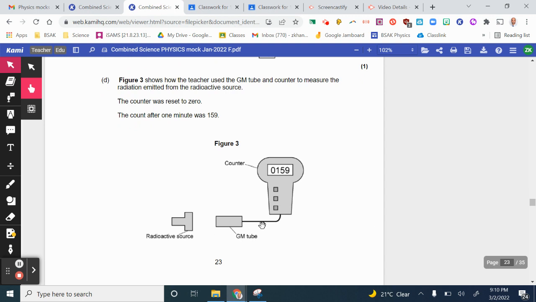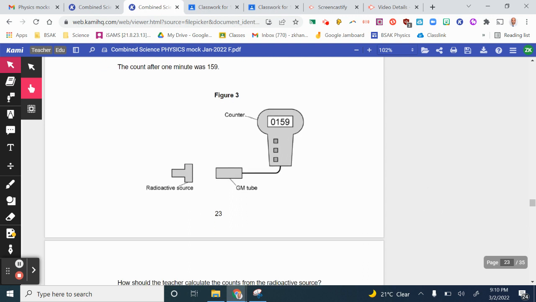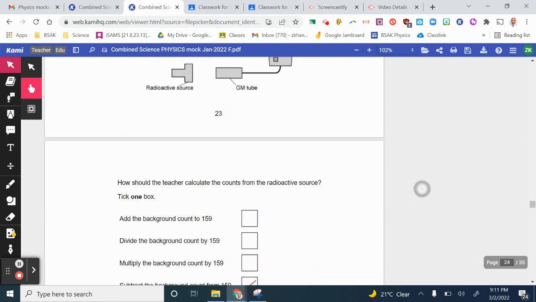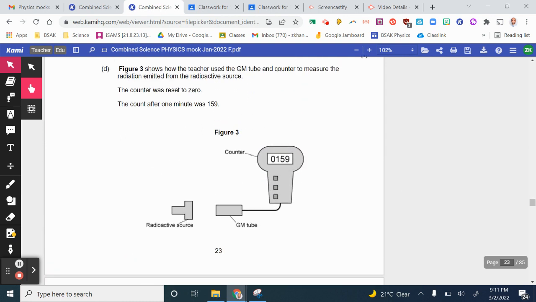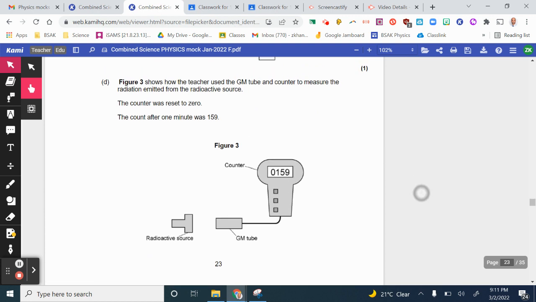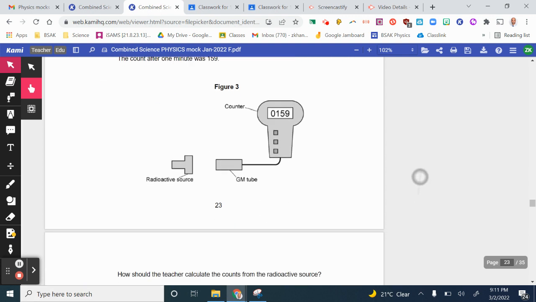Part D. The teacher uses the arrangement of the GM tube, which detects radiation, and the counter, which tells you how much radiation is detected, and they put a radioactive source next to the GM tube. And what we see is a reading being taken of 159, but we also know that that includes some radiation from the air as well, some natural background radiation.